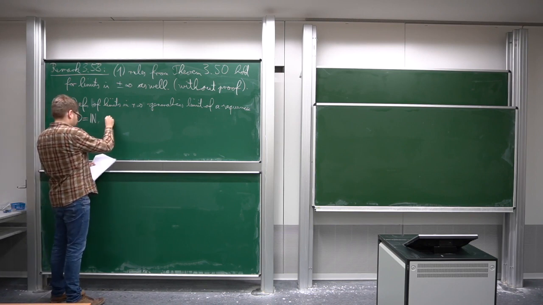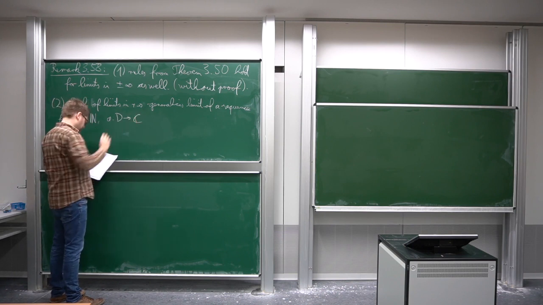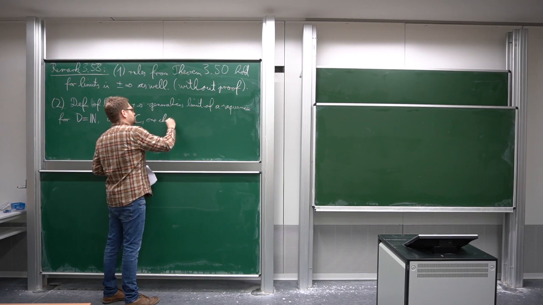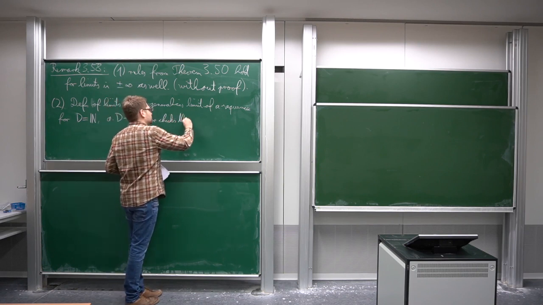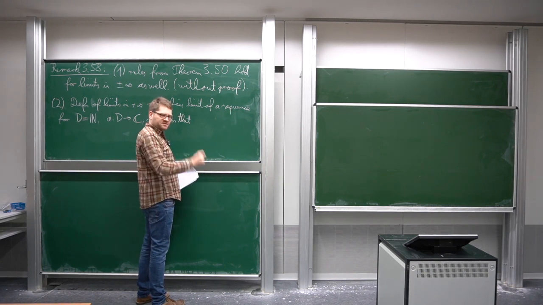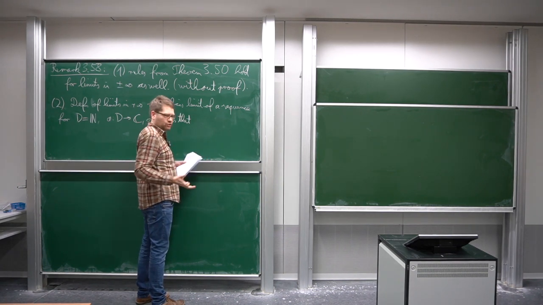So if we have some a from d going to c, which is then a sequence, then you can really check that the two notions of limits coincide. I will not prove this, but you just need to write down both definitions and then you almost immediately see that they are just the same definition.